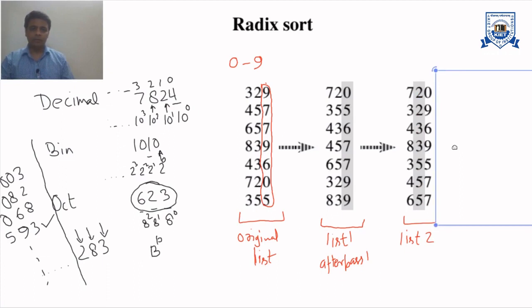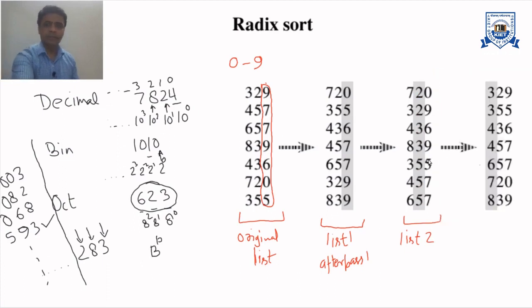And then finally we get list 3 after pass 3. Since there are only 3 digits in all the numbers, this would be the final list.